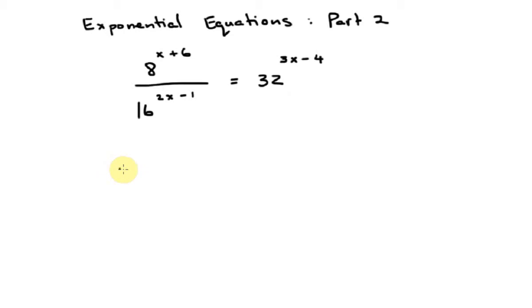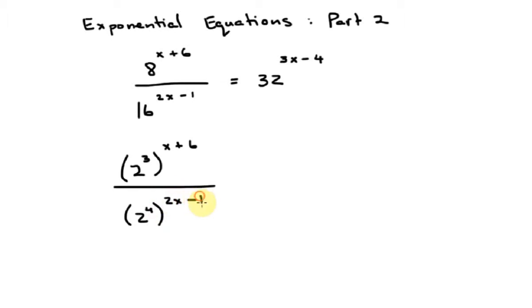So as miserable as this is, I can write this as 2 cubed, all raised to the x plus 6. Okay, and that's all over 2 to the 4th raised to the 2x minus 1.